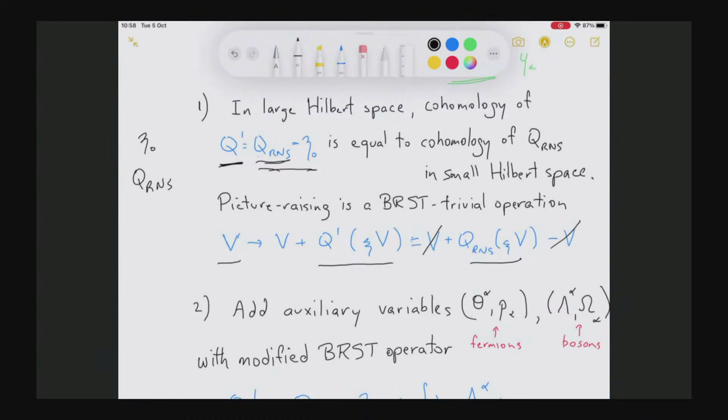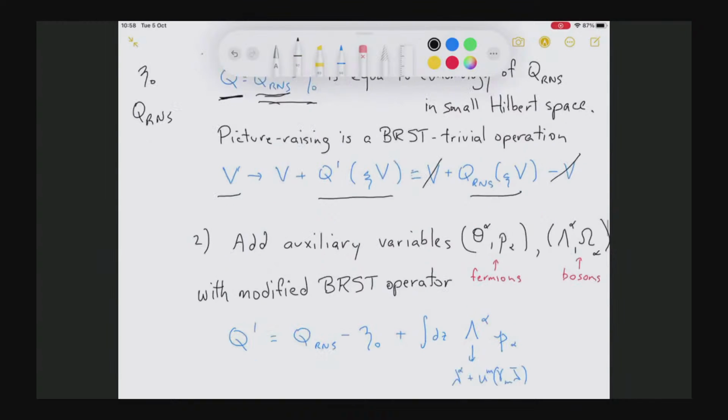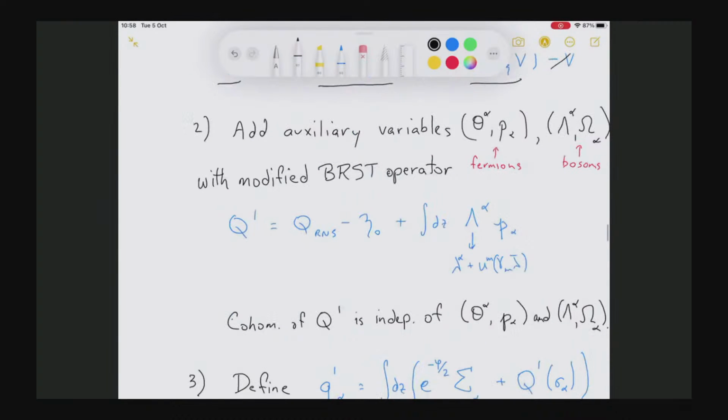Okay, then the next step is to add auxiliary variables. What we're going to do is add a set of fermions and bosons in such a way that they don't modify the cohomology. This would be similar to adding the auxiliary variables F and F bar, which don't propagate.